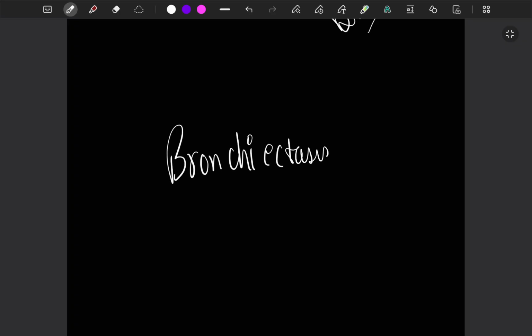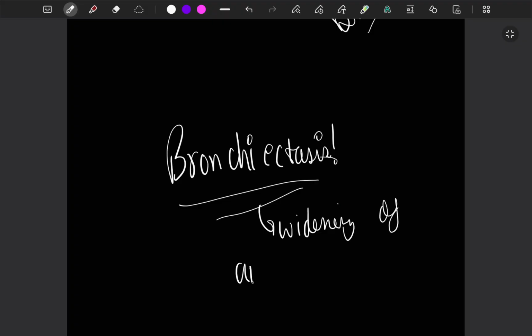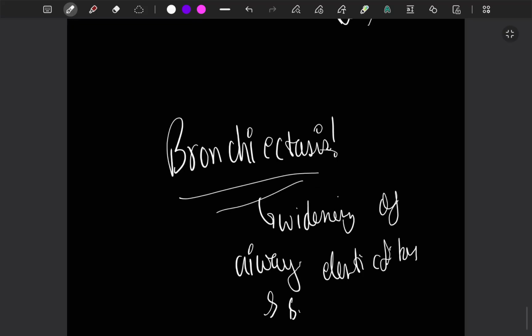Now there is something called bronchiectasis. This is due to widening of airway due to progressive loss of elastic fibers and smooth muscle.